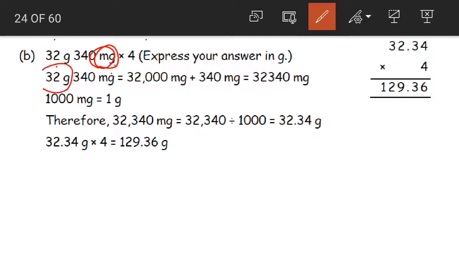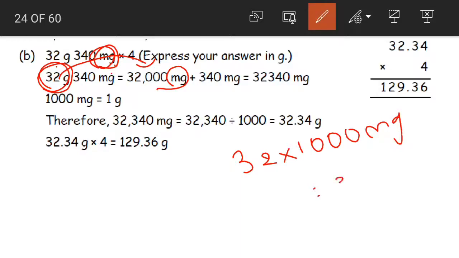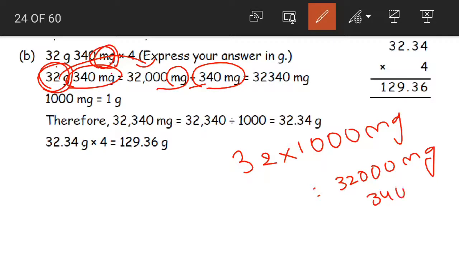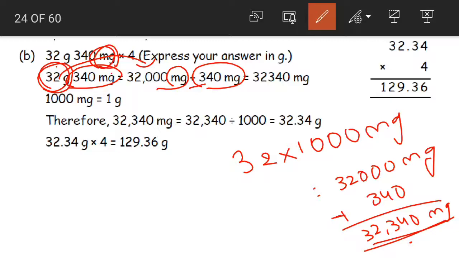So first they have converted grams into milligrams. 32 grams is nothing but 32 into 1000 milligrams. So that is 32,000 milligrams. Plus we already have our 340 milligrams. When we add 340 to it, we get 32,340 milligrams.